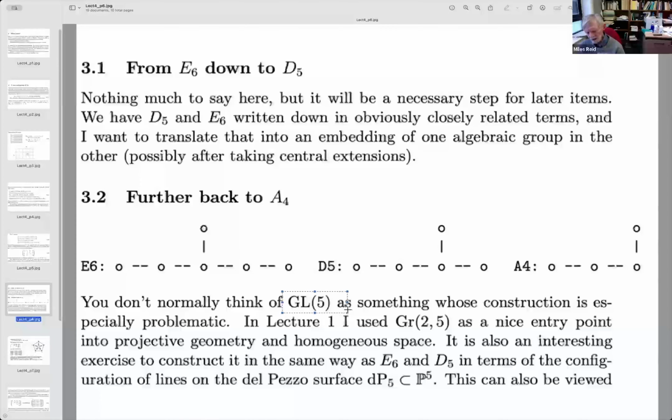When I was doing GL5, I gave you the Grassmannian Gr(2,5), and I said, write 2 by 5 matrices.